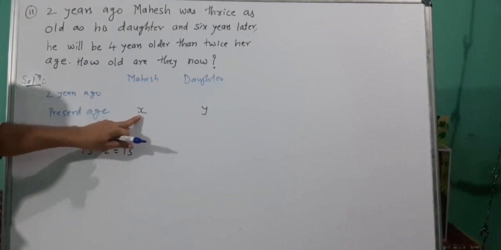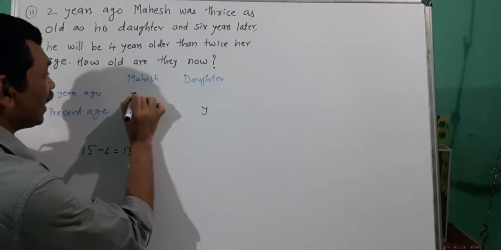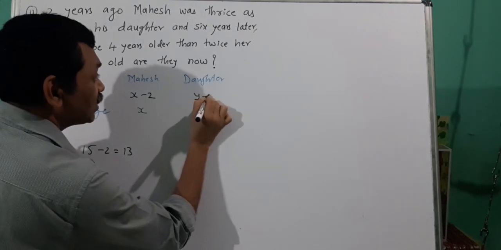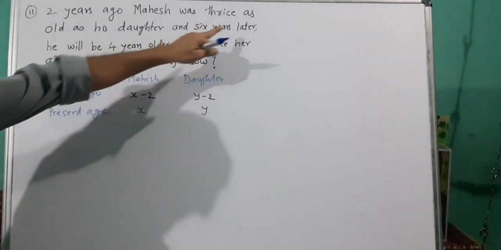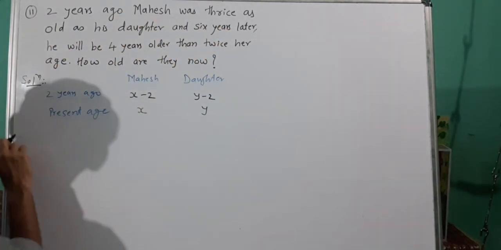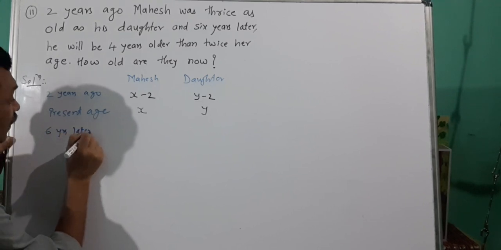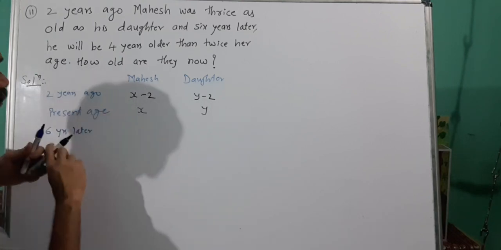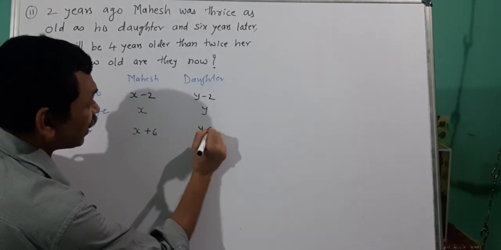So Mahesh's present age is x. 2 years ago Mahesh was x minus 2 and daughter was y minus 2. And in the same way, 6 years later means 6 years after, so Mahesh will be x plus 6 and daughter will be y plus 6.